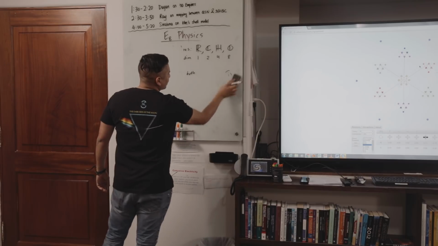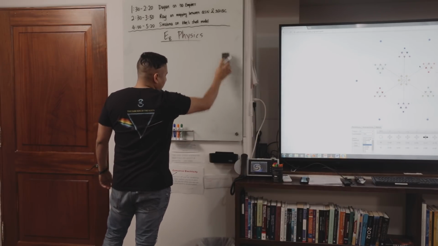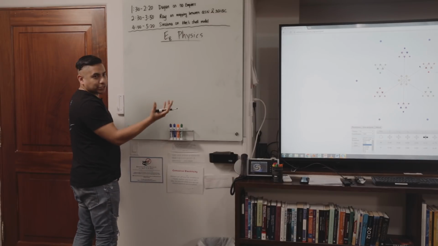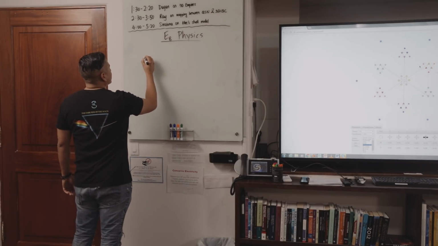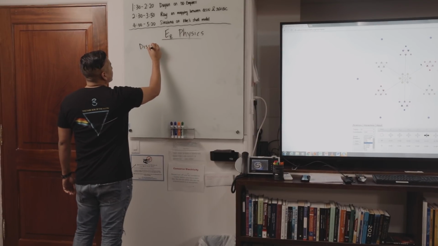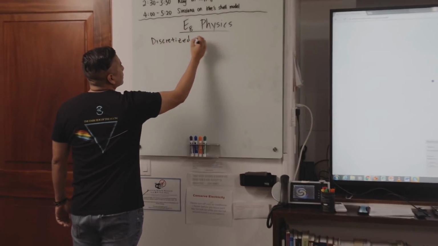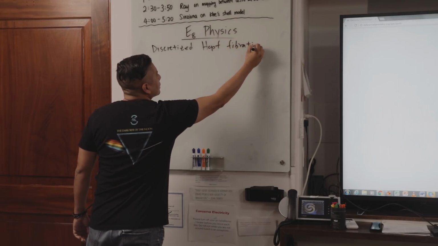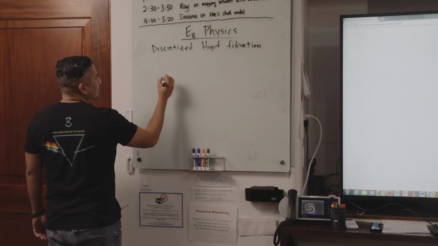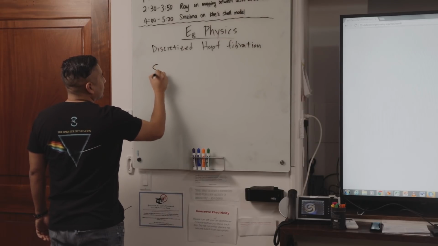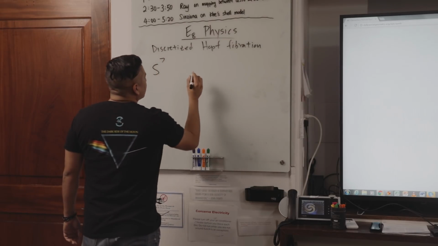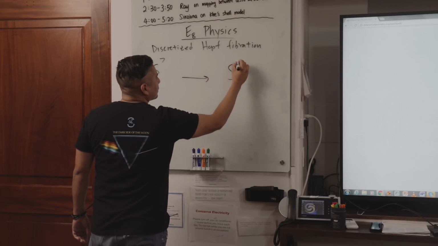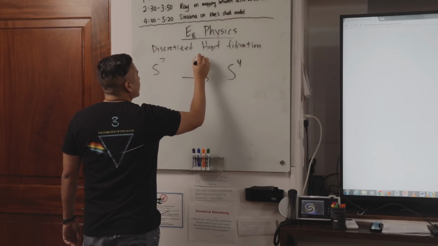So going back, we can return to the discussion of the Hopf vibration that corresponds to the QSN. I'll just draw it up so we can recall the deeper structure of the 600 cell. So, the discretized Hopf vibration: we map from the 7 sphere, S7, over to the 4 sphere with S3 fibers.